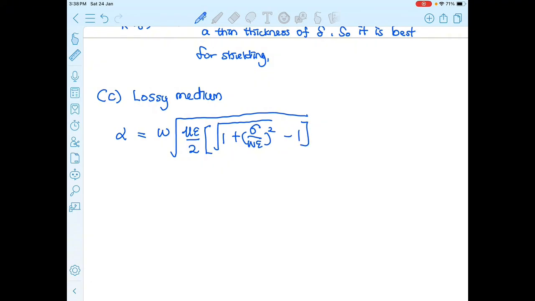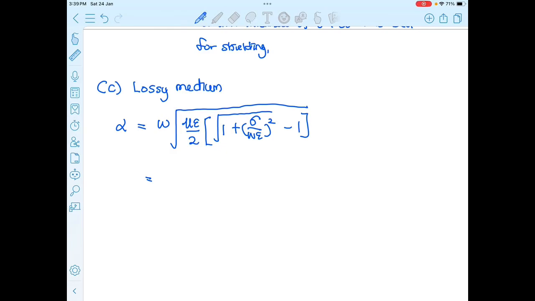Okay, so this one is your attenuation constant. So we can continue: 2 pi f. So what is f? f is 100 megahertz. So you put in all the values.